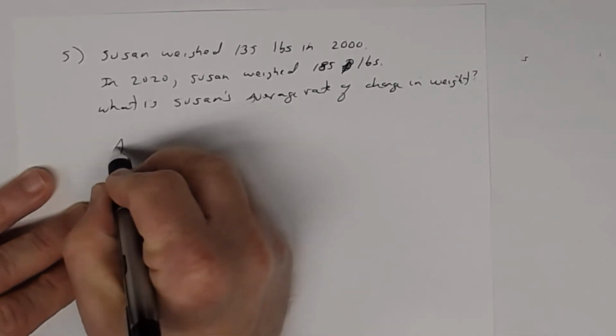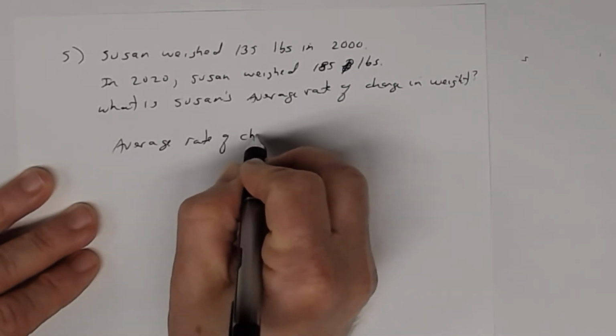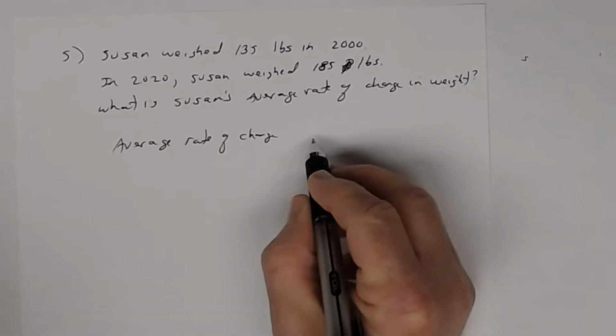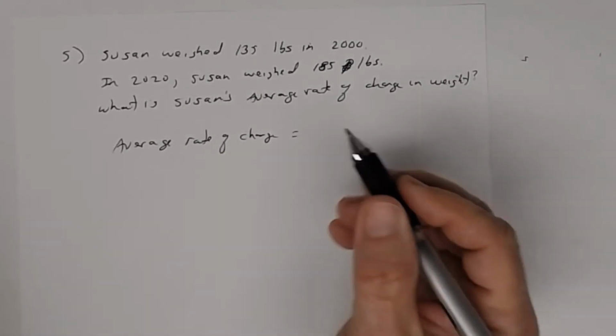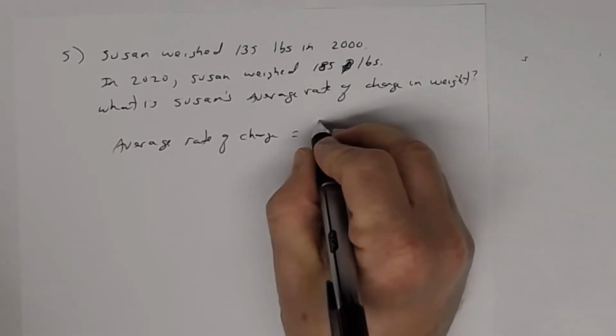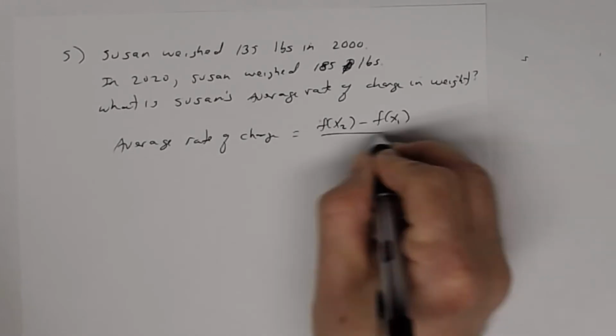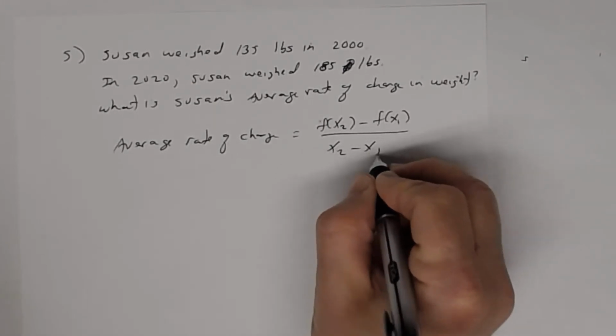So remember the average rate of change, if this was a function, and you can think of this as a function, you would say f of x2 minus f of x1 divided by x2 minus x1.